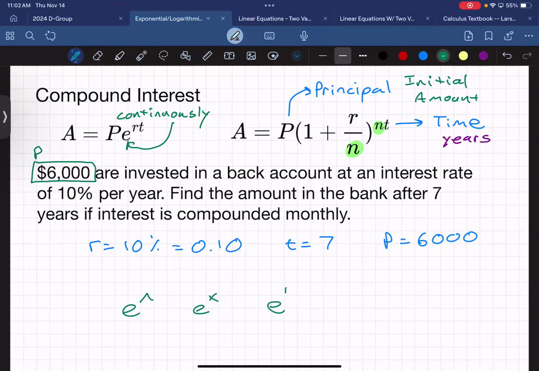Go to your calculator now and do E to the first power. So make sure when you do that, you're getting 2.71828.